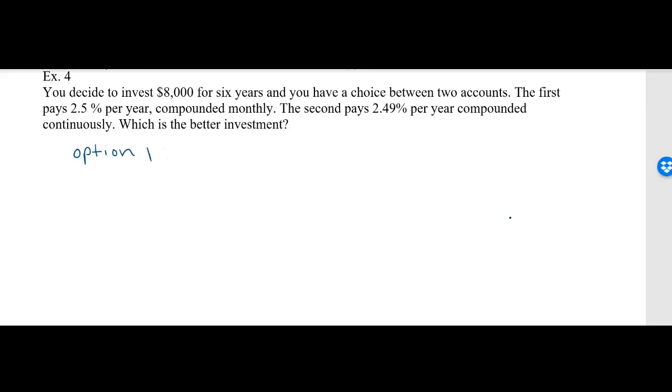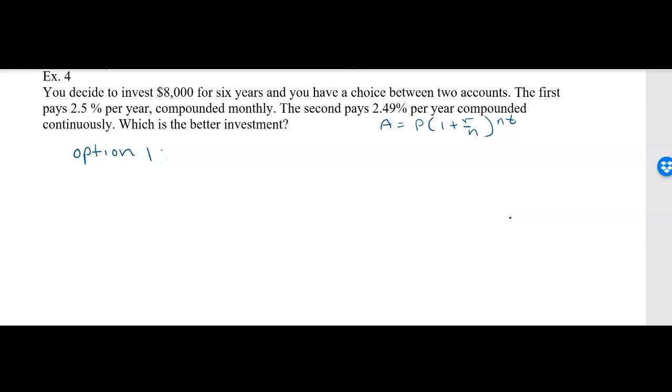Option 1. Again, we're using this formula still for this part. So A equals, for option 1, P times 1 plus R over N to the NT.